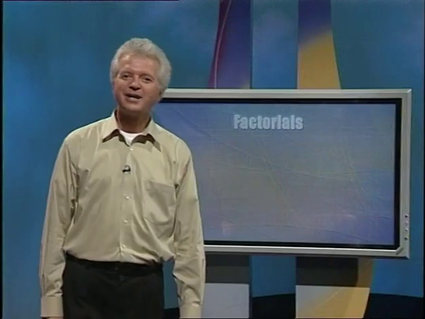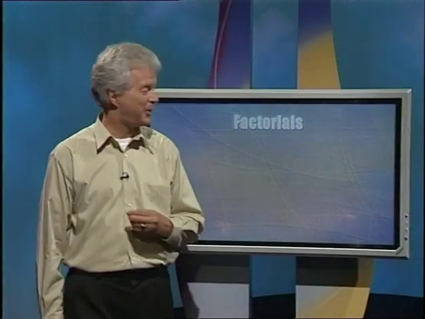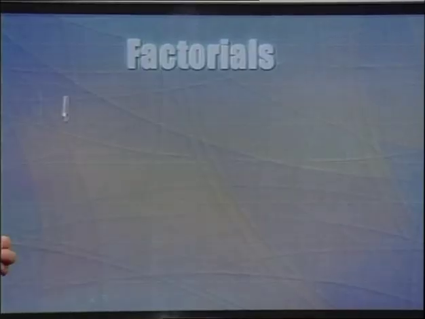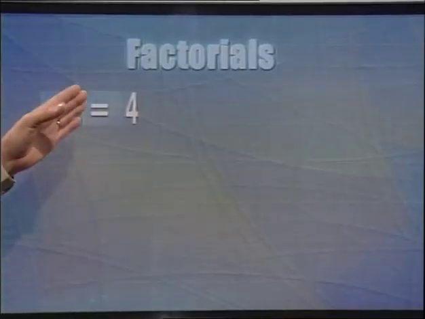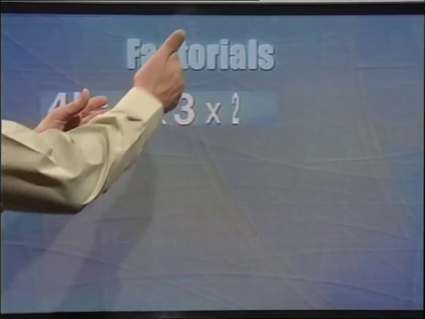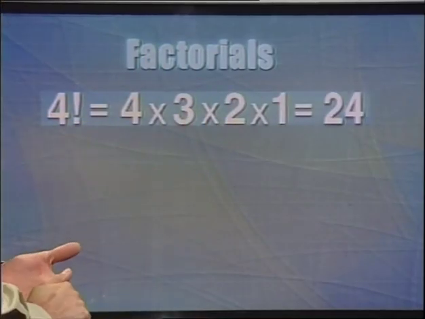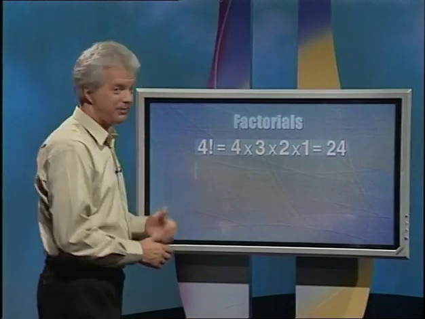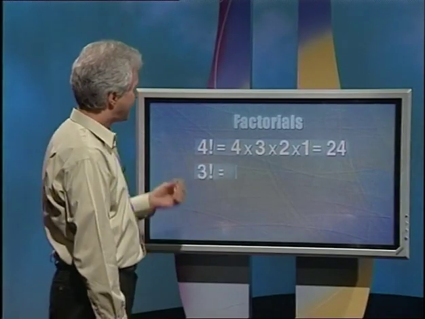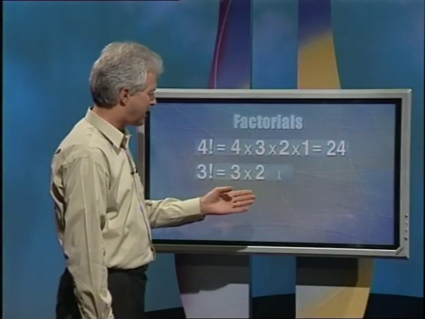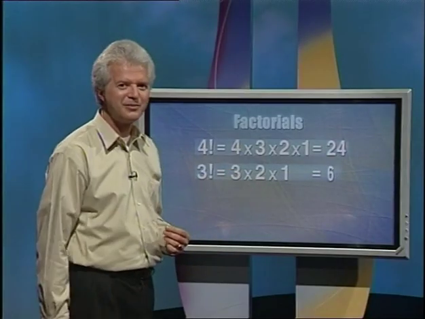To do the second problem, we're going to use a formula for these coefficients, and Alan's going to tell us about the formula. Yes, and this formula is going to involve factorials, so let's just revise those quickly. 4 factorial is equal to 4 times 3 times 2 times 1, and that comes to a total of 24. 3 factorial, just as another example, would give us 3 times 2 times 1, which is equal to 6.